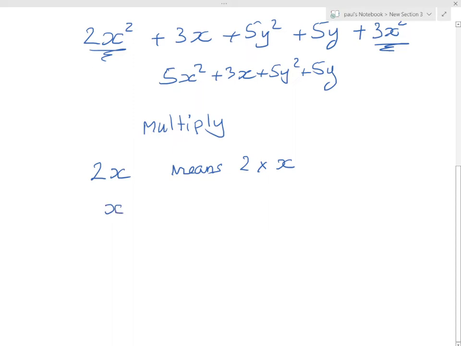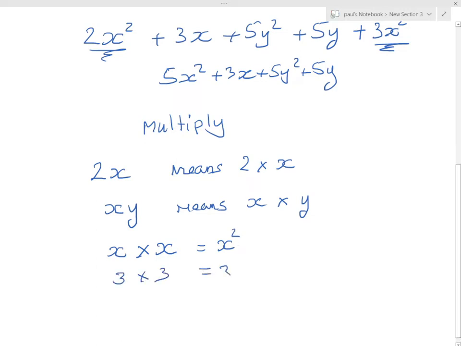Now if you've got xy, this means x times y. Different from adding. If you've got x times x, you would multiply those two together to make x squared. Just the same as if you had 3 times 3 would be 3 squared, which comes out as 9, because you can do it with the numbers, but you can't go any further with the letters unless you know what the value of the x is.